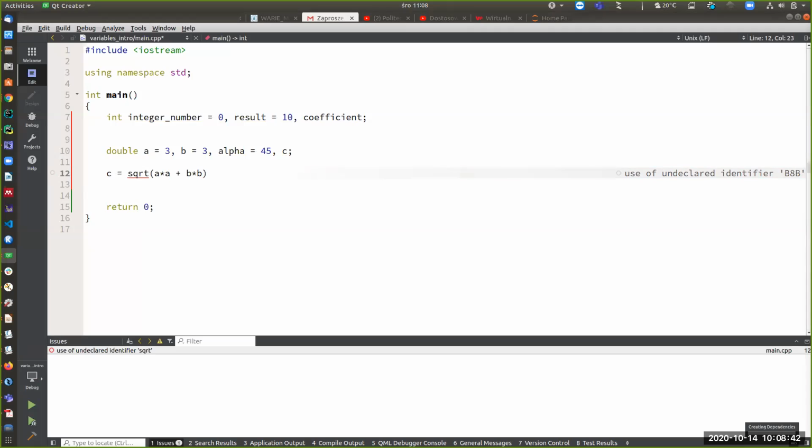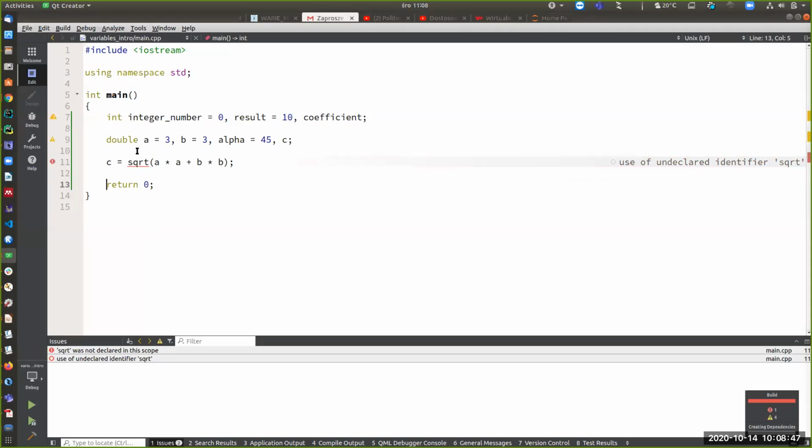Compiling it, you can see that sqrt was not declared, so it denotes that there is a misprint in the name, or there is no header file.